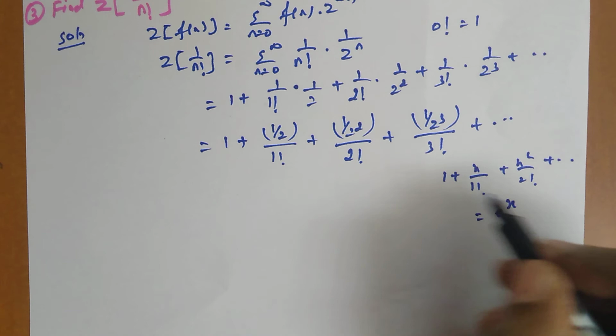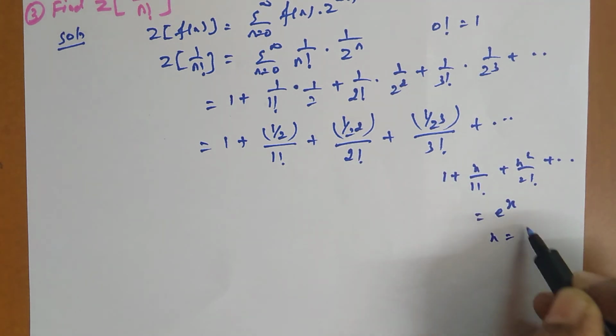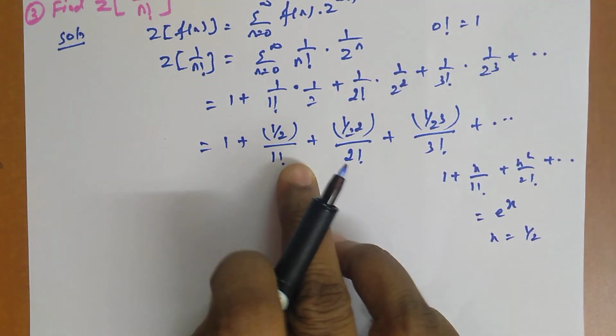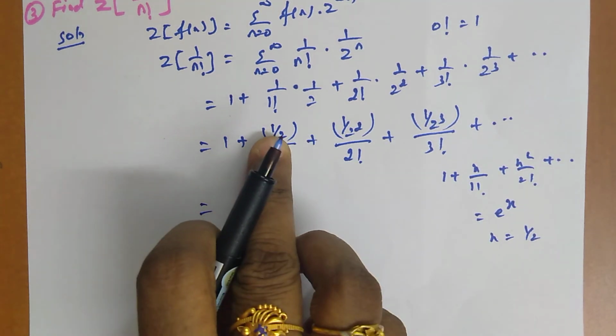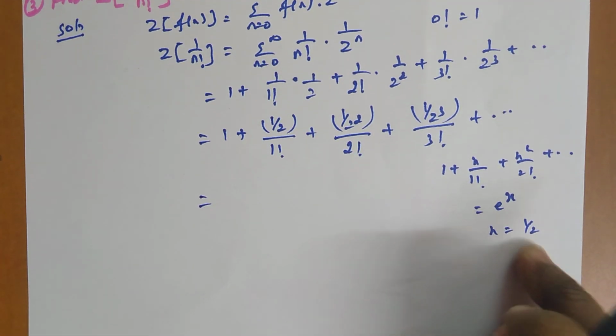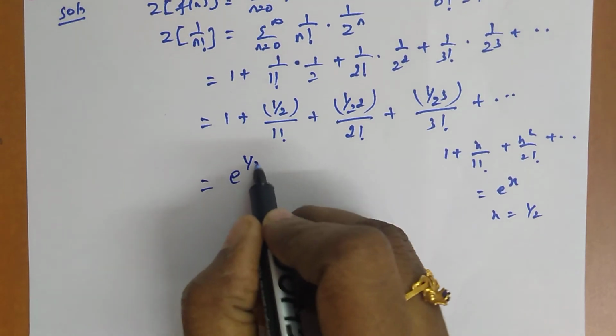So in the place of x we are having 1 by z, which is equal to e power 1 by z.